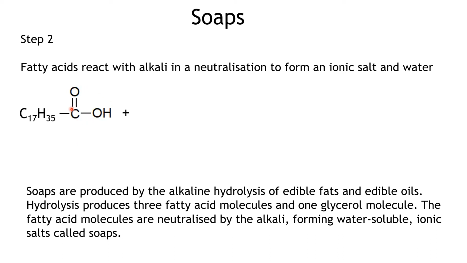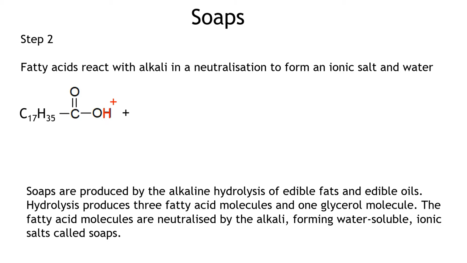You can see we've got a carboxylic acid group here. The reason this is an acid is because the hydrogen atom can dissociate to form a hydrogen ion. If you remember from National 5, the definition of an acid is a substance that when dissolved in water will produce a greater concentration of hydrogen ions than hydroxide ions.